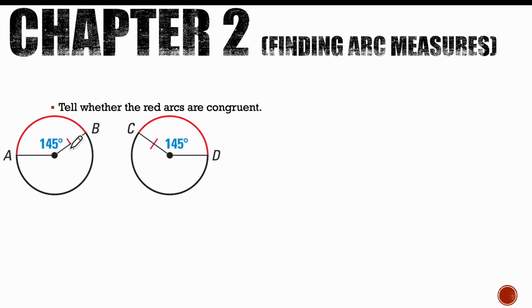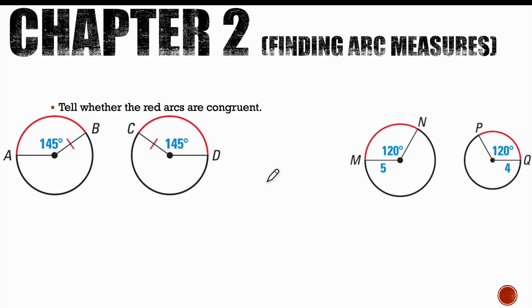Because the radius is the same, and the measure of both the arcs is also the same. So arc AB is congruent to arc CD. Here, are they congruent? They are not congruent because the radius of the two circles is different. So not congruent, and congruent.